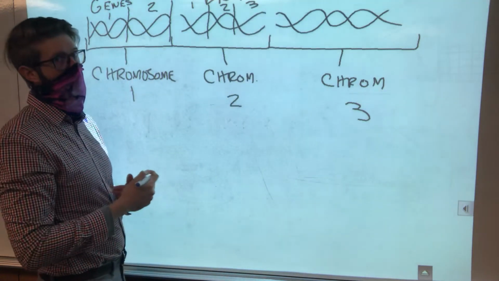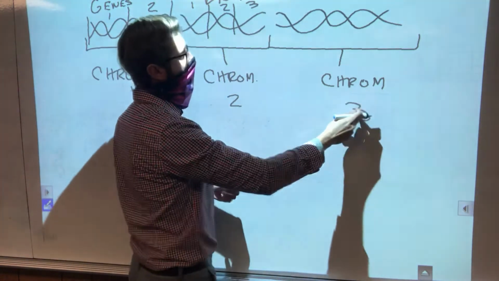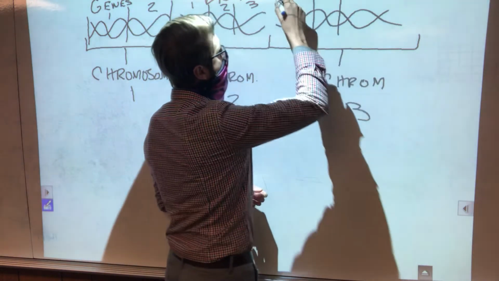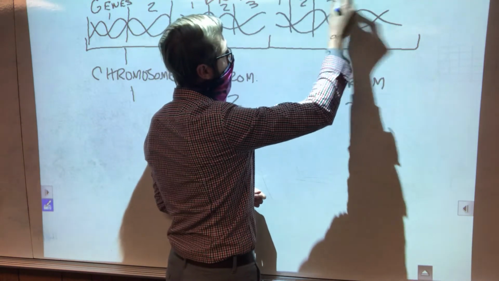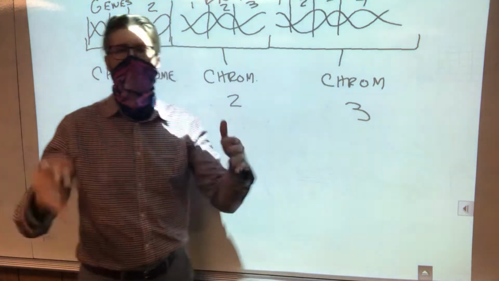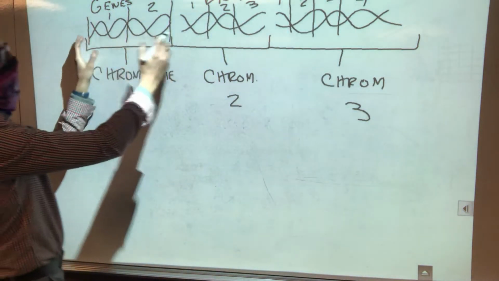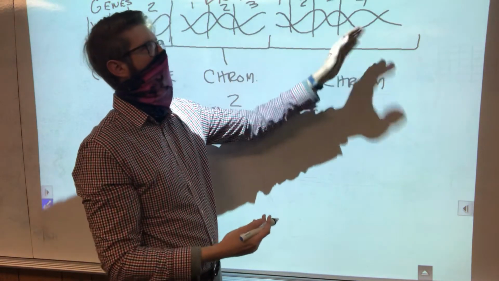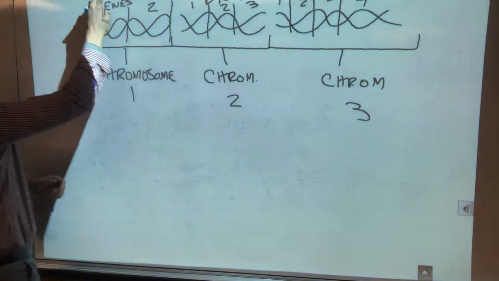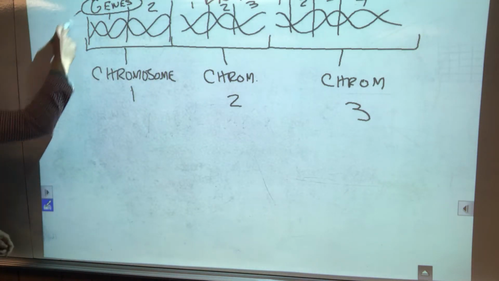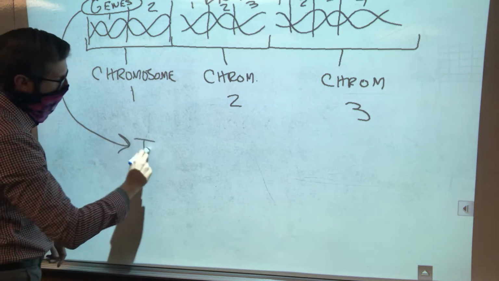Maybe it has 3 genes on it. Chromosome 3 may be broken up into gene 1, gene 2, gene 3, and gene 4. Maybe there's 4 genes on chromosome 3. My point is that chromosomes, which are just smaller chunks of DNA, are broken up into even smaller chunks that we call genes. And each gene controls a trait.